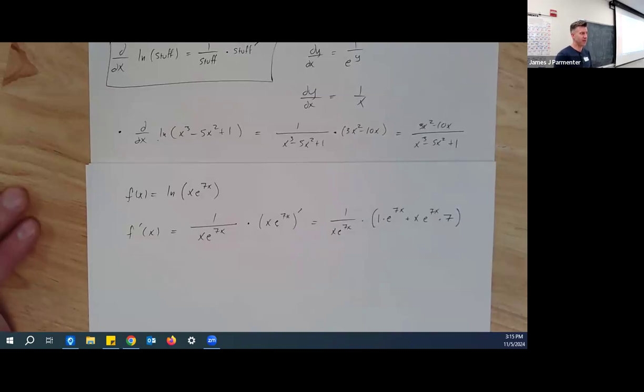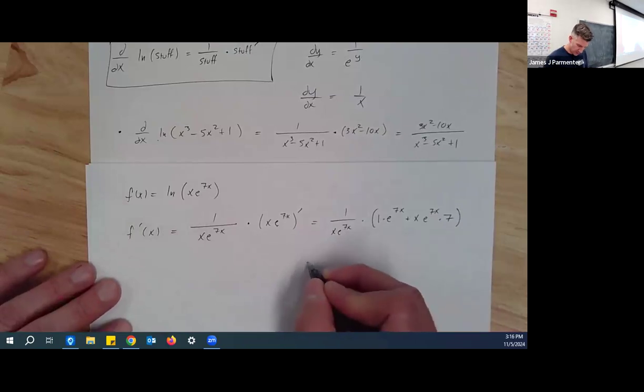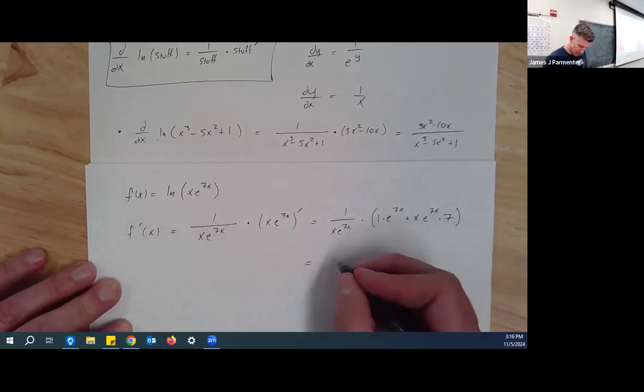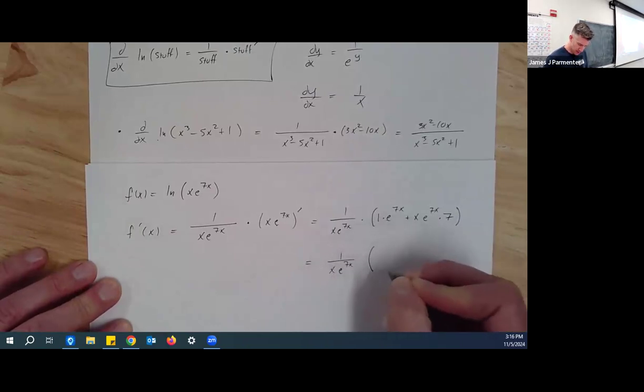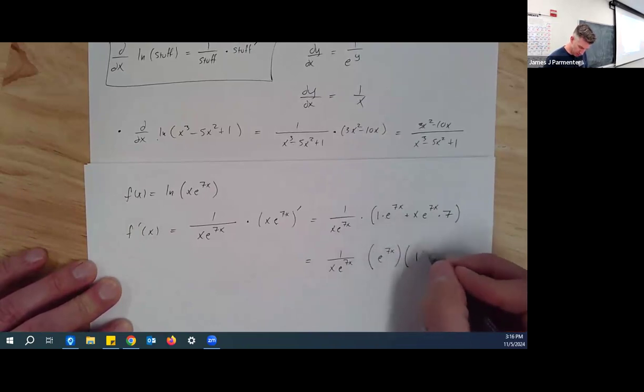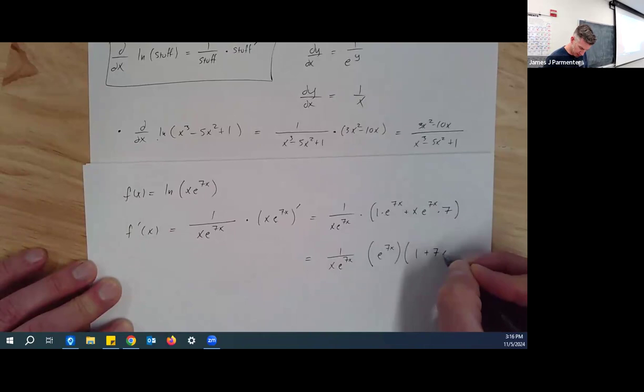But then I want to point out that this really simplifies a lot. I'll show you, if we actually think about factoring out e to the 7x from the top here, we can think of this as 1 over x times e to the 7x times e to the 7x times, I'm left with a 1 plus 7x here. Okay, that seems all right.